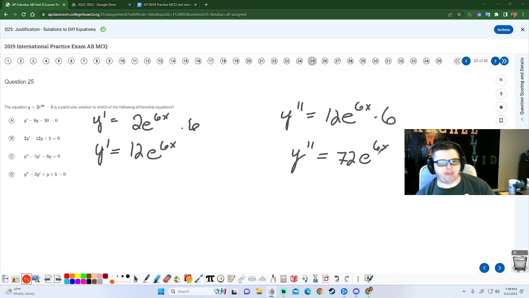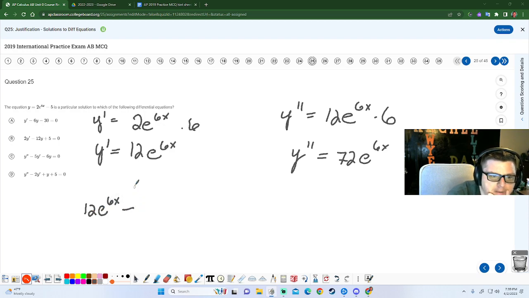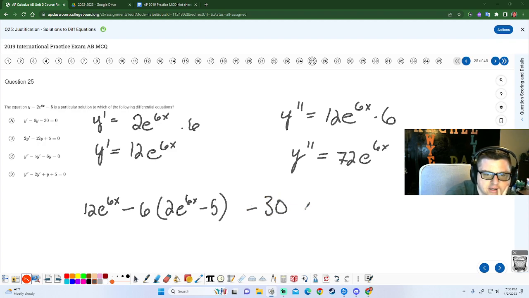Okay. So if we can do this, what we should be able to do is take the derivative, which is 12e to the 6x, minus 6 times 2e to the 6x minus 5, minus 30 equals 0.